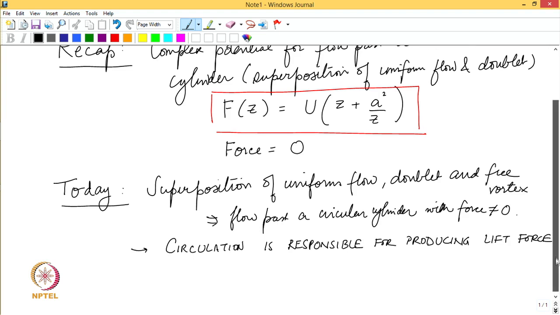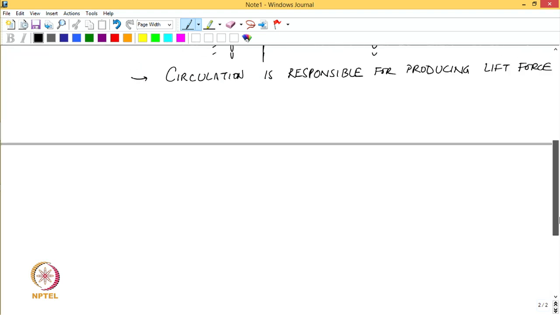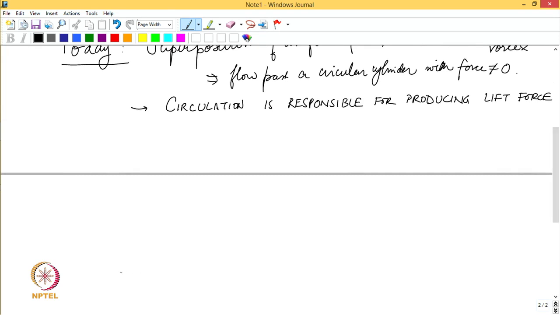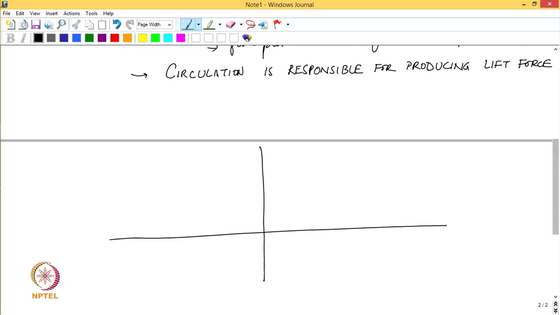Okay. So, let us look at the situation that we have at our disposal. We are trying to now superpose 3 types of flows, and let us represent each by a different color.